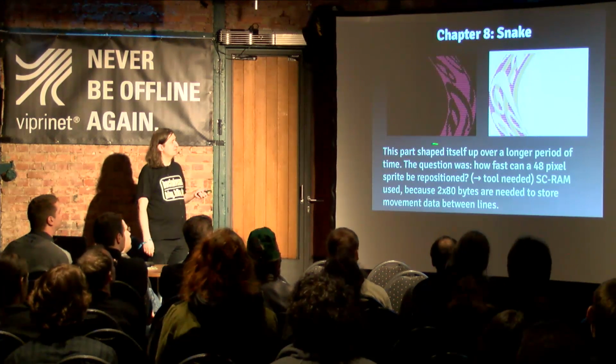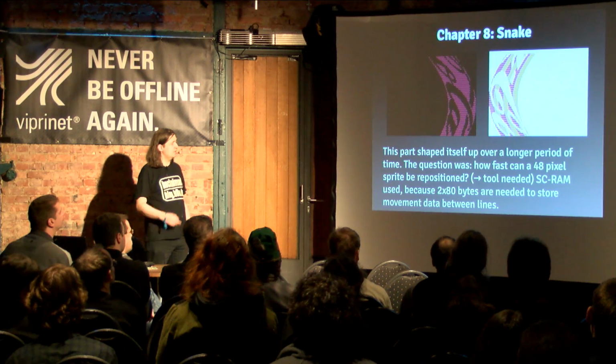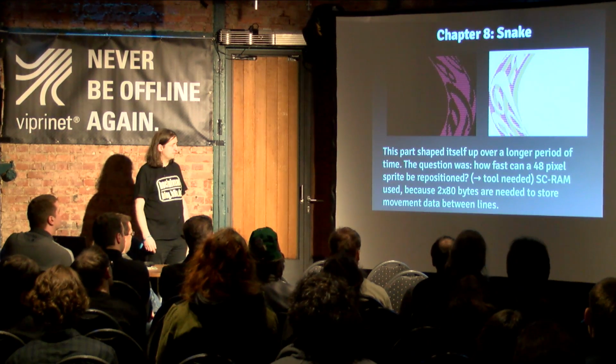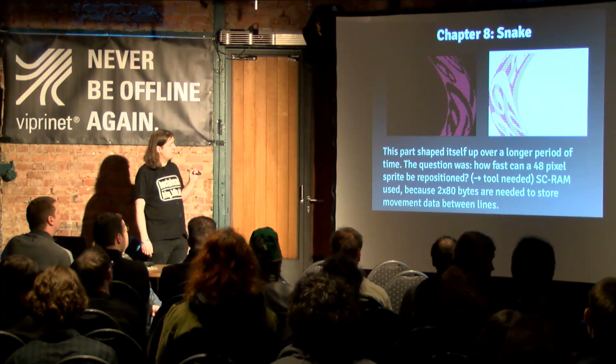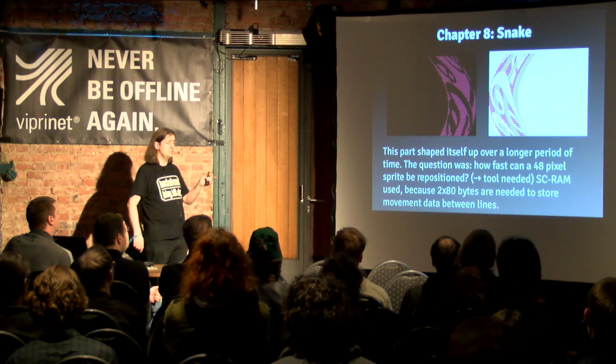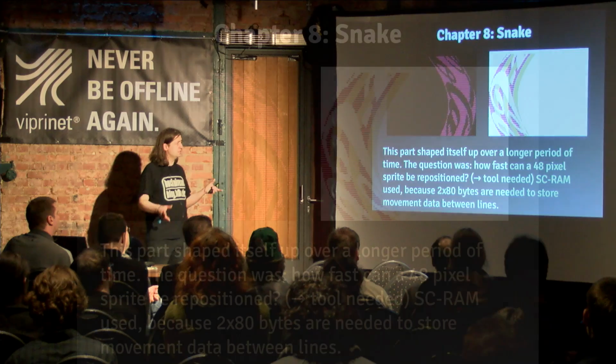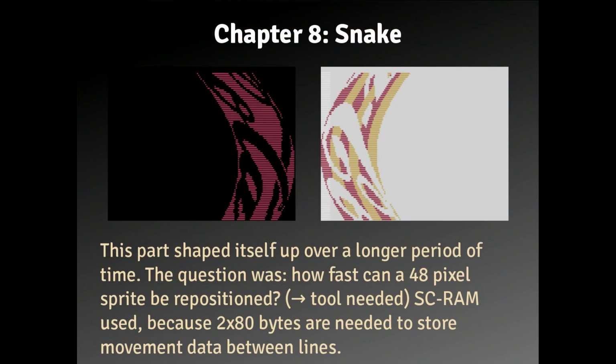So, my snake. This was an idea. I started with having logos swinging around in a sine table, in a sine function. And I was wondering how tight I could squeeze them. And after I tried this, I wondered, can I change the graphics data? Or can I move the sprite while the sprite is being displayed?